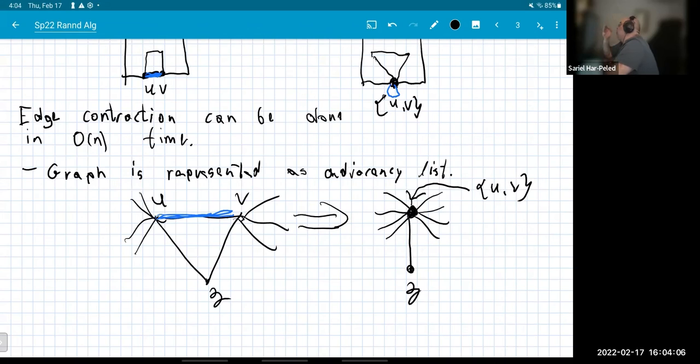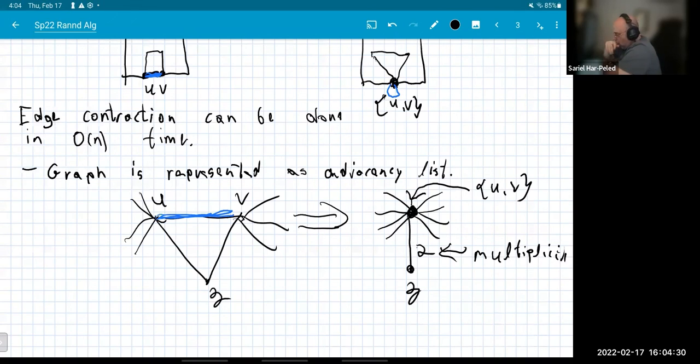And we don't want to keep on maintaining two lists. So we are going to, in fact, for every edge, maintain multiplicity. So this is just going to say this edge has multiplicity 2, which means that it corresponds to two edges in the original graph.